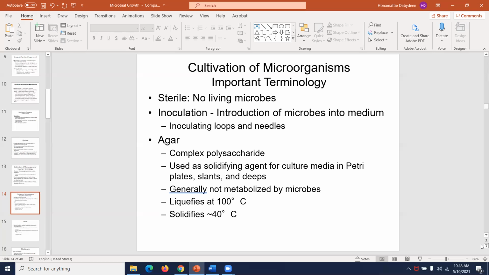So at a certain temperature, the agar or the jello will be liquid. And if you reduce that temperature, it will solidify. And you can go back and forth. Heat them up again, they become liquid, cool them down, they become solid, and so on and so forth. So agar behaves like gelatin, but it is not gelatin. So then again, we use agar as our solidifying material.